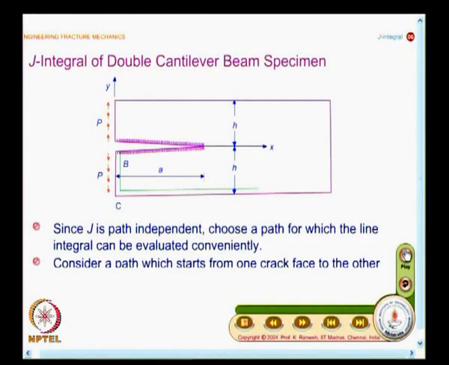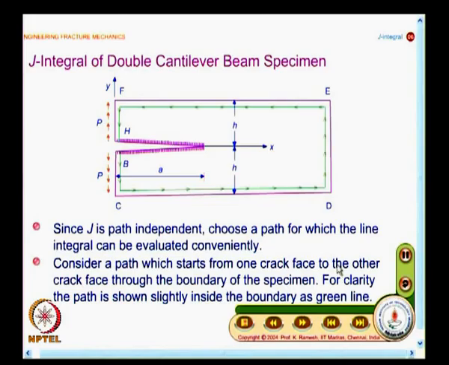So, what we are going to take is, consider a path which starts from one crack face to the other crack face through the boundary of the specimen, because if you look at the boundary, it is a free surface. So, when it is a free surface, traction is 0. So, that way your computation of the line integral would be a lot simpler.